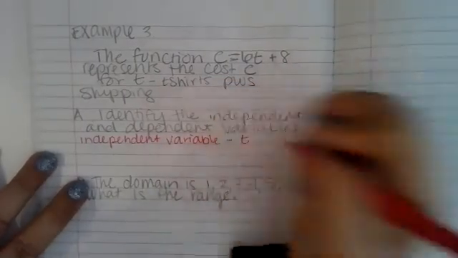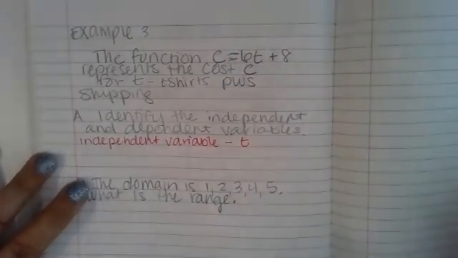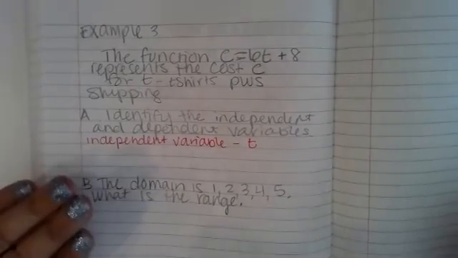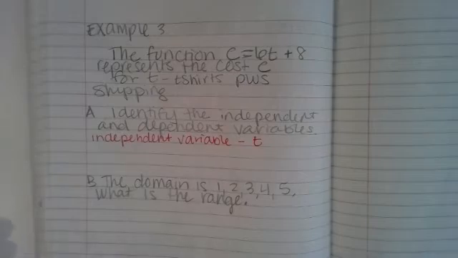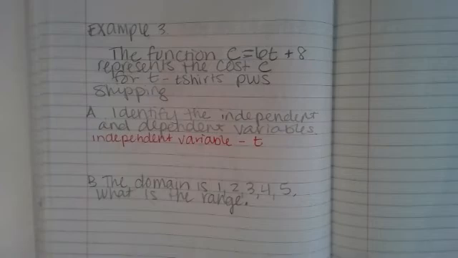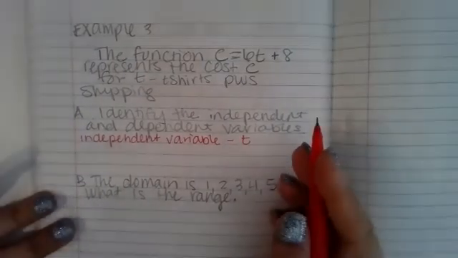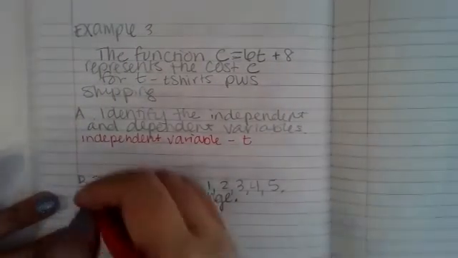Okay, so the independent variable is T for our t-shirts, right? The number of t-shirts that I'm ordering doesn't change based on anything. Like I either order one or I don't order one, okay? Then my dependent variable is going to be what?